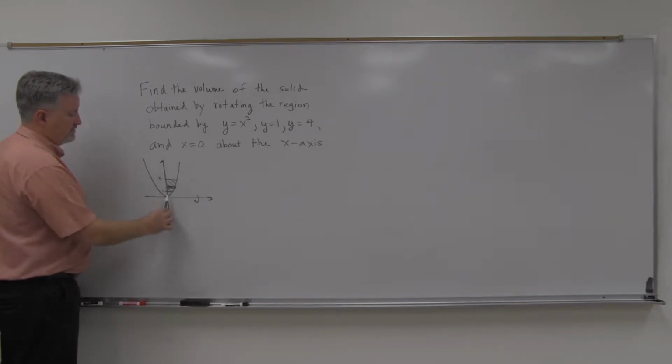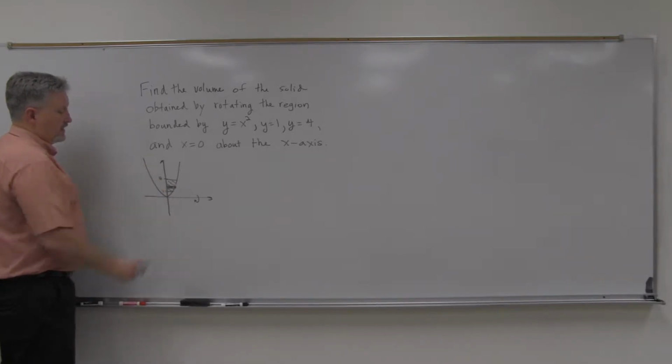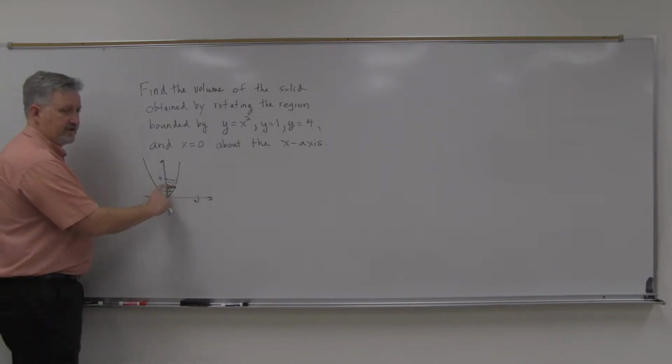If I do typical rectangles the other way, I'm going from here up to here, which is between two horizontal lines, but then over here I'm going between the curve and that horizontal line. So I'd have two different integrals, whereas I can just do one integral the other way. So integrate with respect to y.